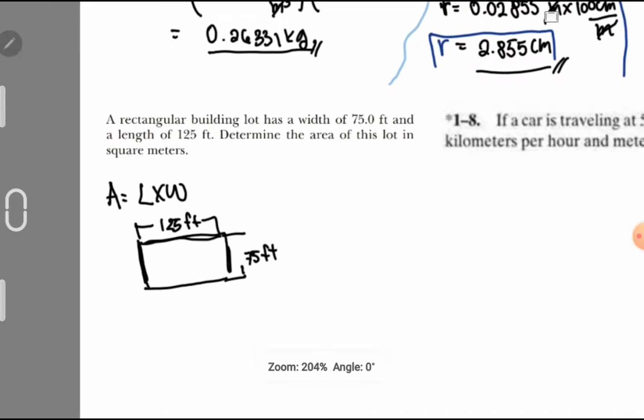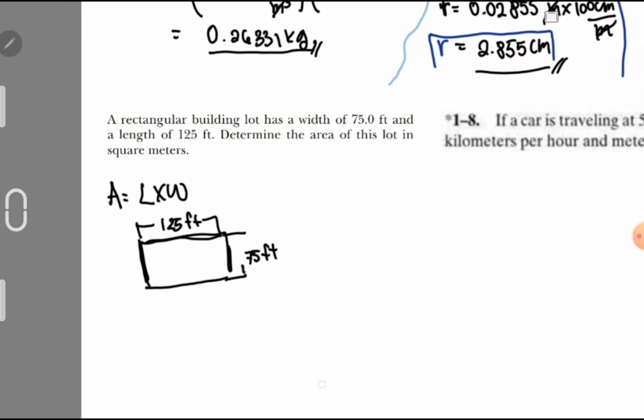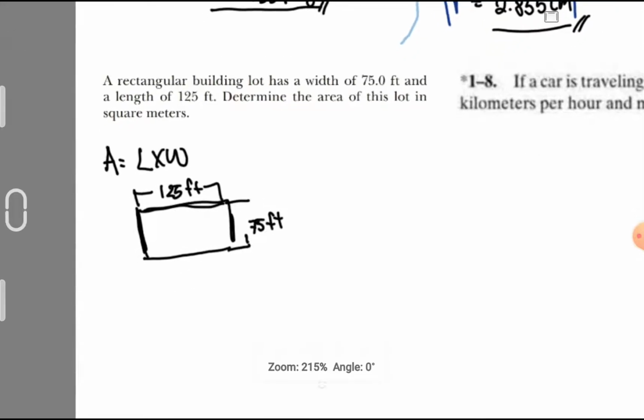So therefore, there are two methods that you may use. The first method is that you will first convert your feet into meters. Converting your 125 feet into meters, we all know that 1 meter is equal to 3.28 feet.